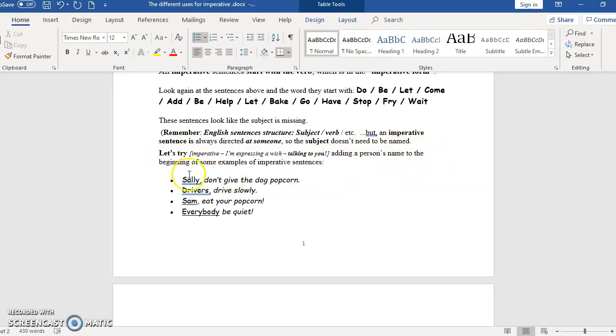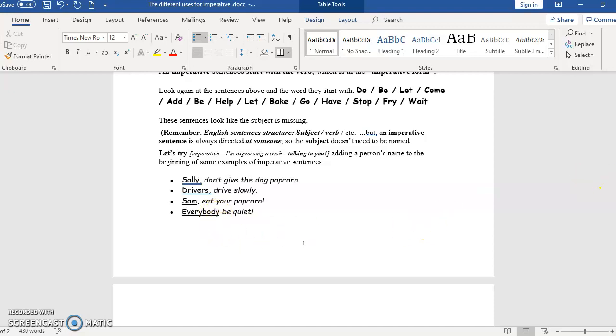Adding a person's name to the beginning of some examples of imperative sentences. So, Sally, don't give the dog popcorn. Drivers, drive slowly. Sam, eat your popcorn. Everybody be quiet.